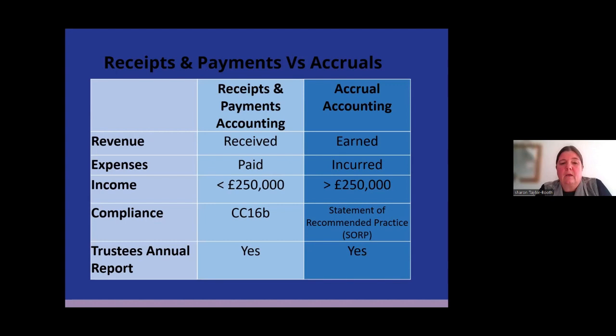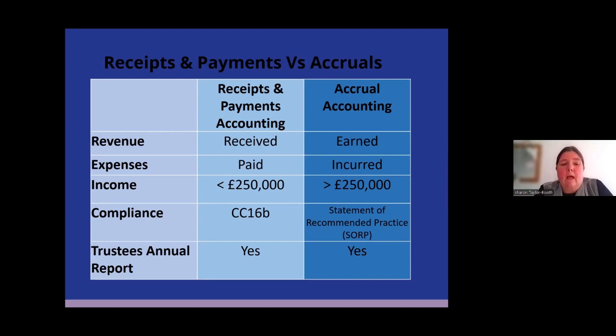Importantly, and this is slightly the wrong way around in this picture, if your income is less than £250,000, you can prepare a set of receipts and payments accounts. If it is more than £250,000, you have to prepare a set of accruals accounts.